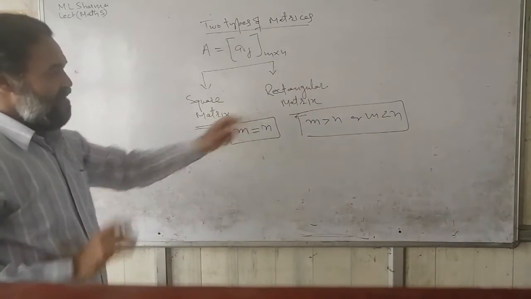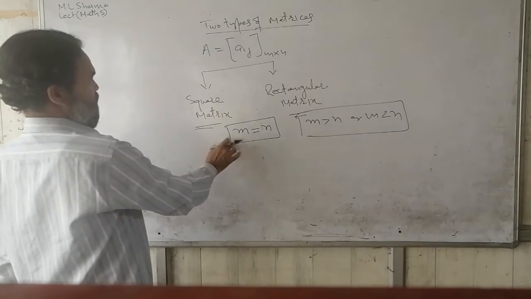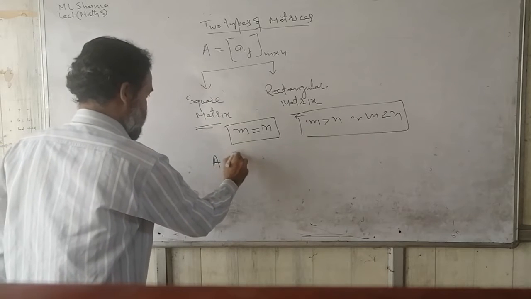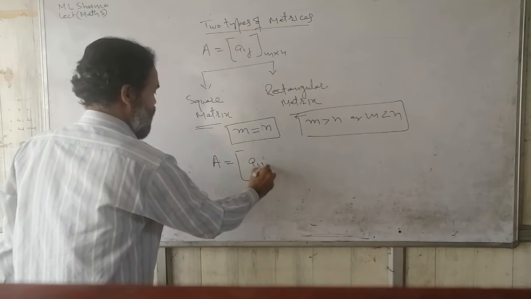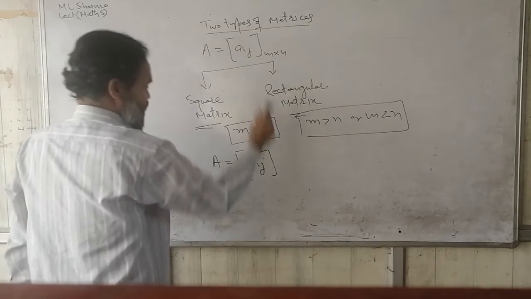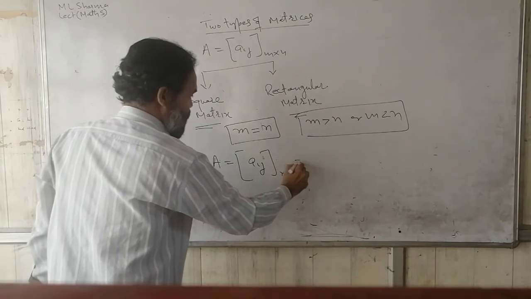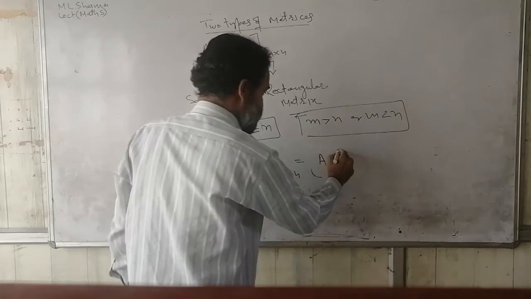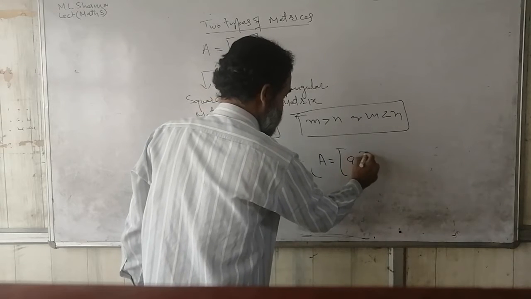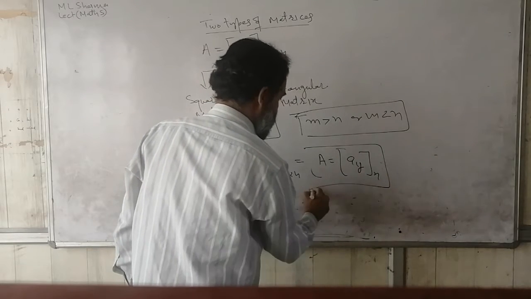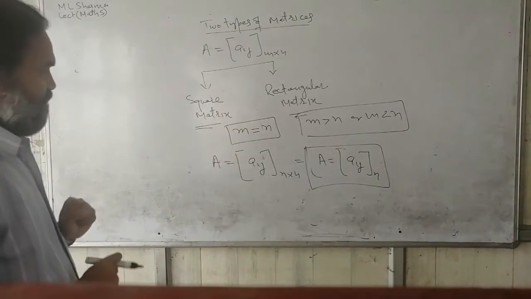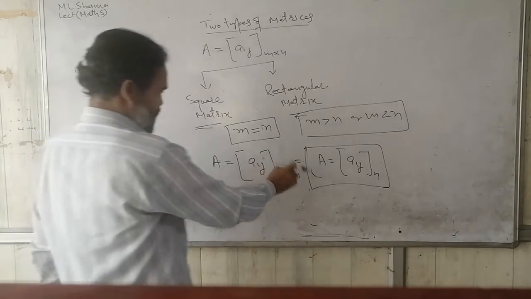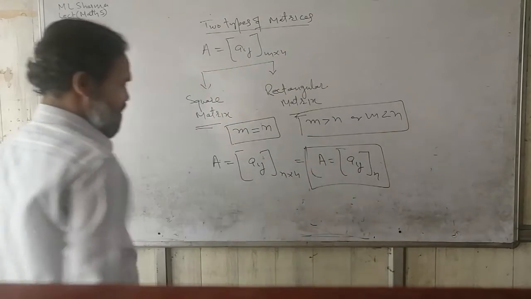So if m equal to n, that means if I put here m equal to n, so this A will be equal to aij. Instead of m into n, I can write it as n into n, so this will be a square matrix. So if the number of rows equals the number of columns, in that case this matrix will become a square matrix.